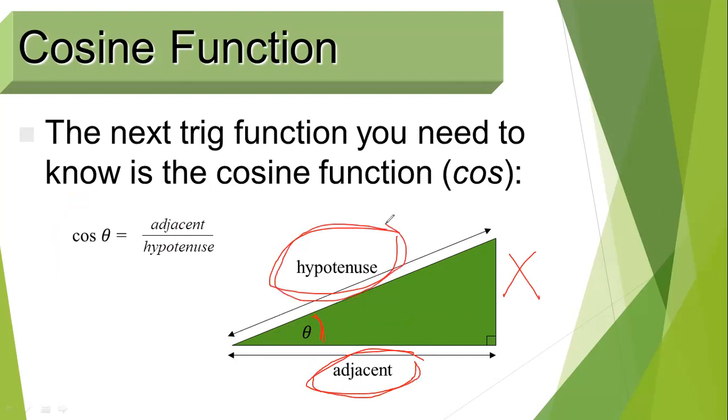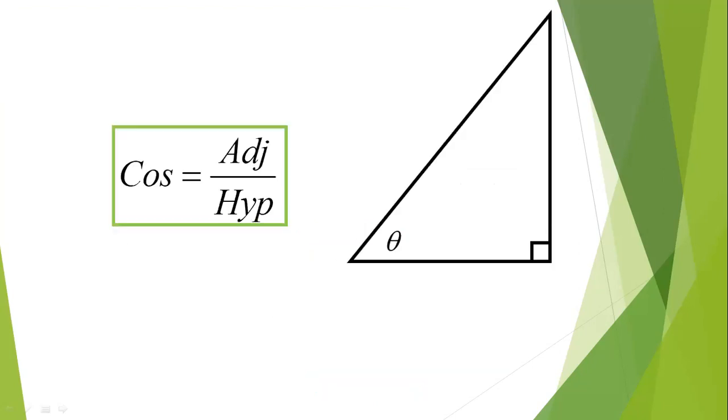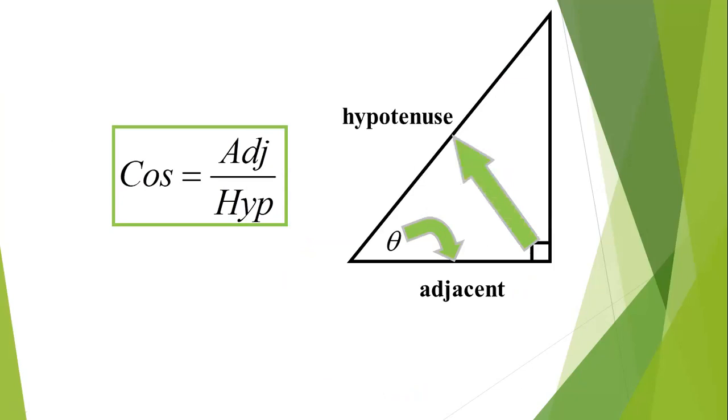As we continue, we take this right triangle as our example. Cosine of theta refers to the adjacent side over the hypotenuse.